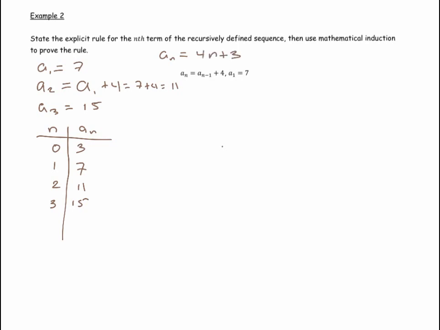All right. So now we're going to use mathematical induction to show that this explicit rule works for all natural numbers. Okay, so we'll start with the base case. I'm just going to add base case is n equals 1.